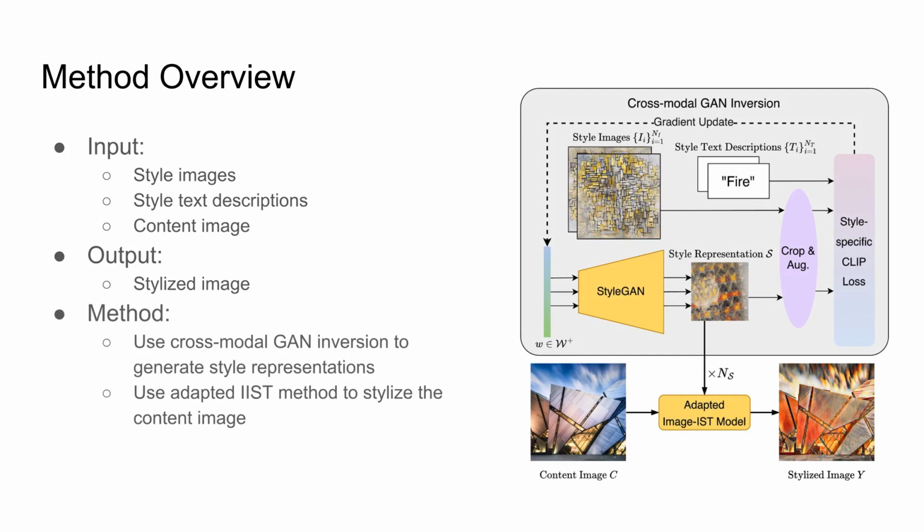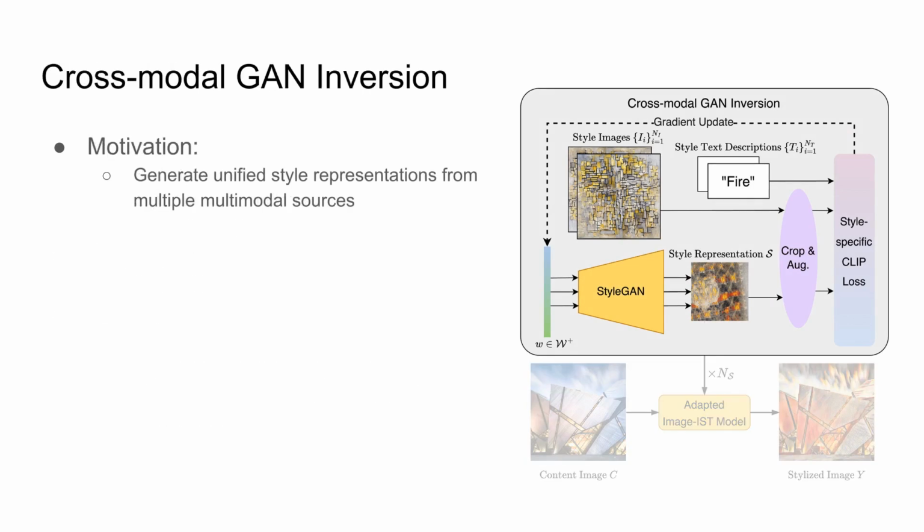Then we use an adapted IIST method to stylize the content image according to the generated style representations. The cross-modal GAN inversion plays the most important role in our method. It is responsible for generating unified style representations from multiple multimodal sources.